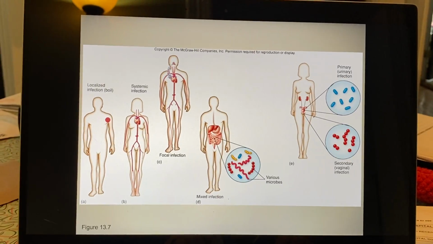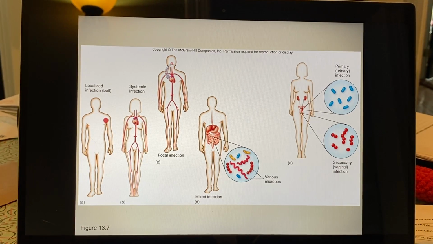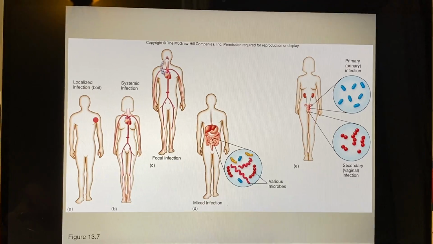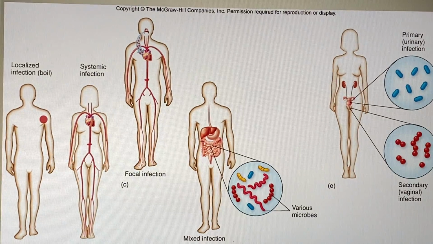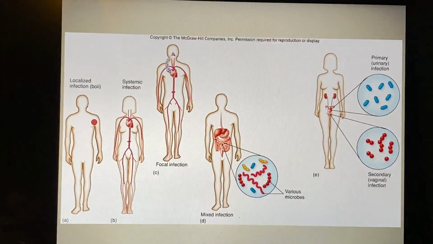So on here, I want to show you some examples of different infections, and these are also on a worksheet that I've attached under the Unit 4 PowerPoints module. So let's go through these, kind of least severe to worst.